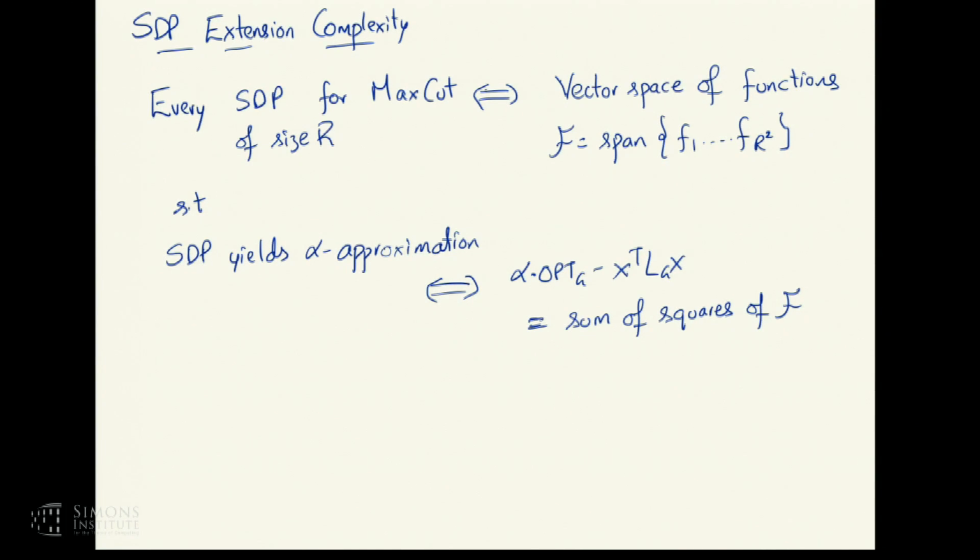So in particular, if you look at the example of degree D SOS, the vector space of functions is just the span of all low degree polynomials, degree D polynomials.